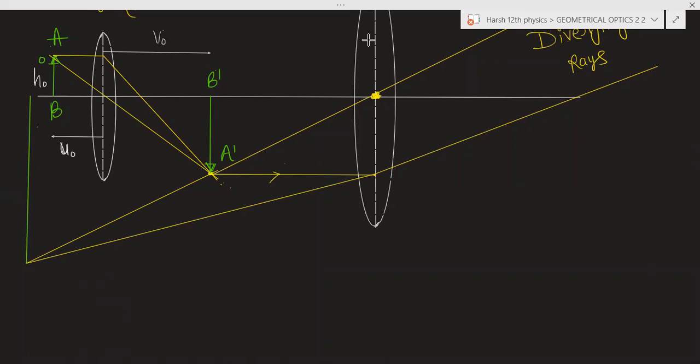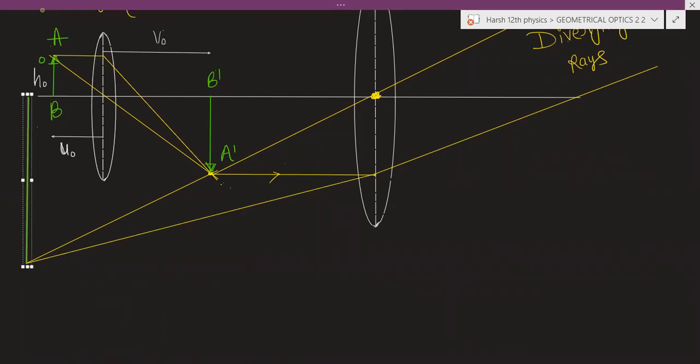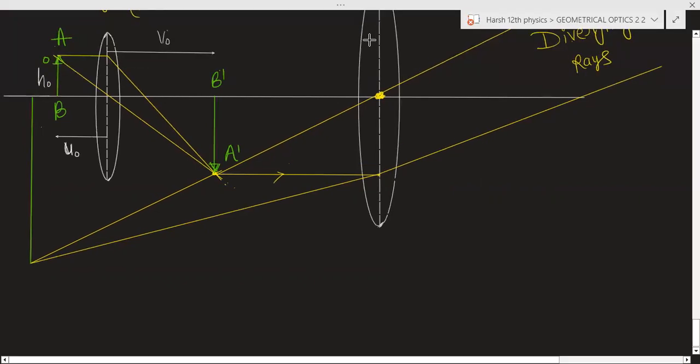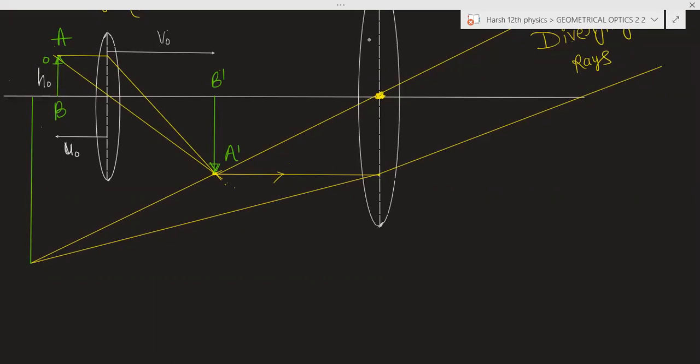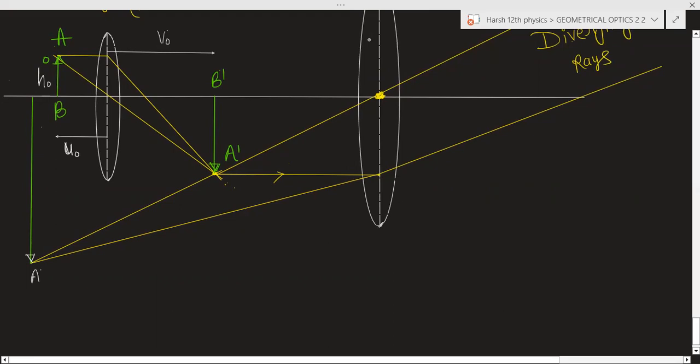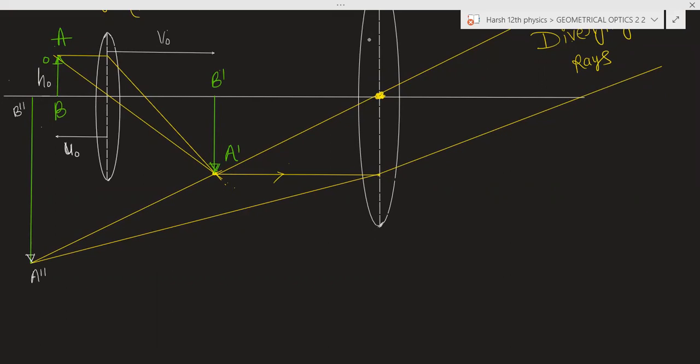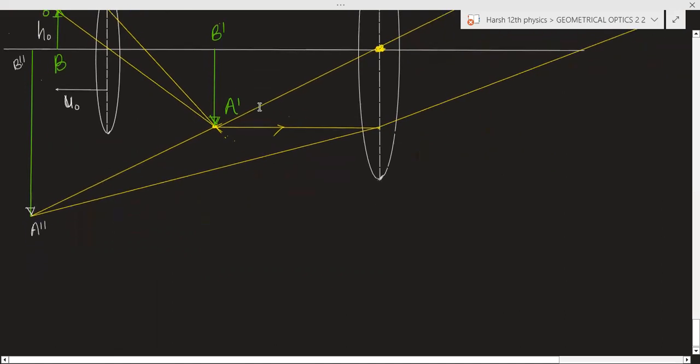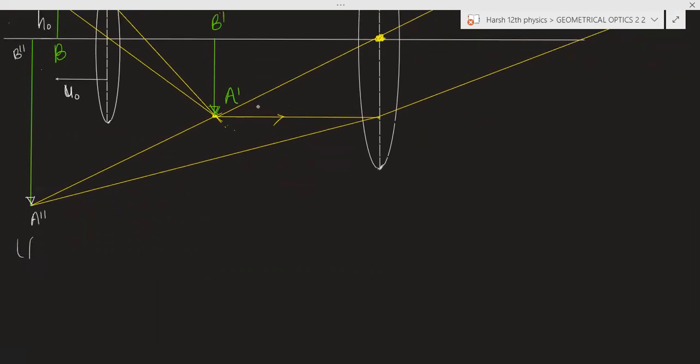That is the work of the compound microscope. It forms a very large image. This is A dash, A double dash, and B double dash. So this is the final image.